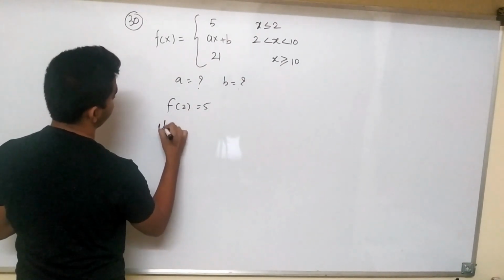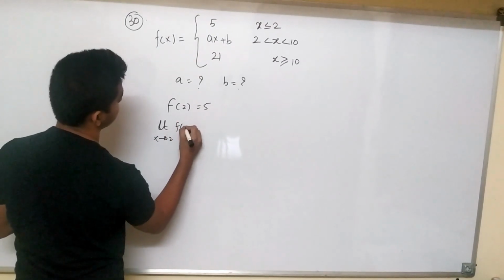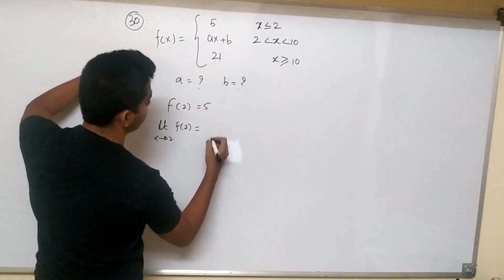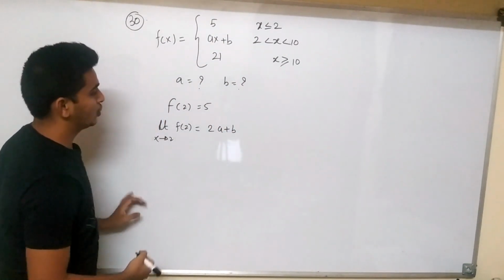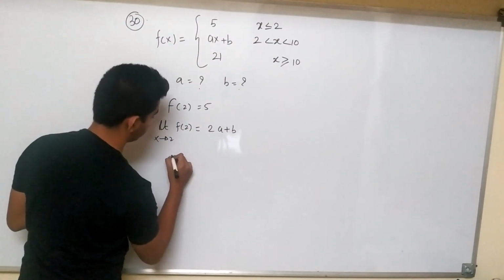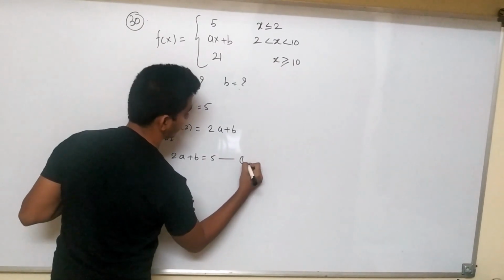And in case of limit x tends to 2 of f of x, when you plug in 2 over here, you have 2 times a plus b. So you can now state that these two are equal, so 2a plus b equals 5 as equation number 1.